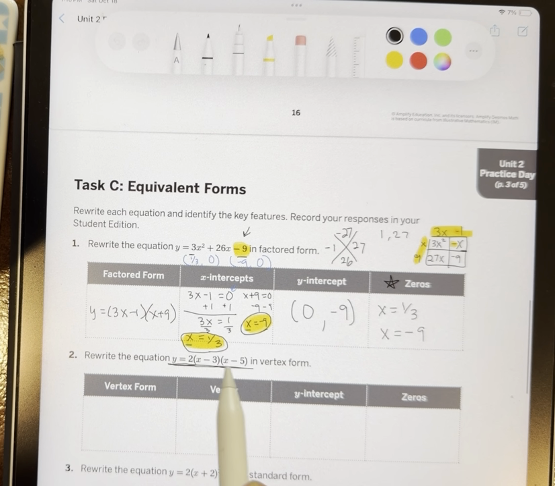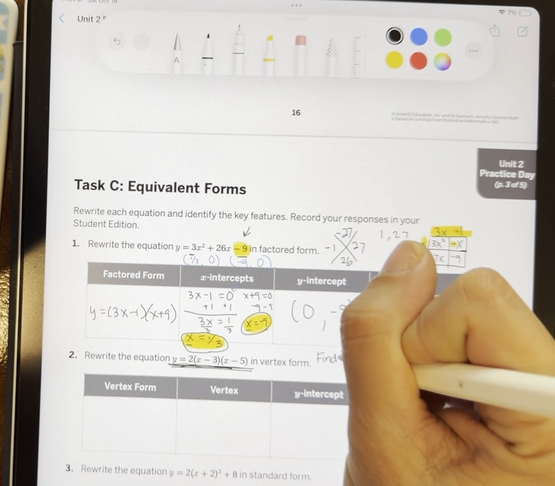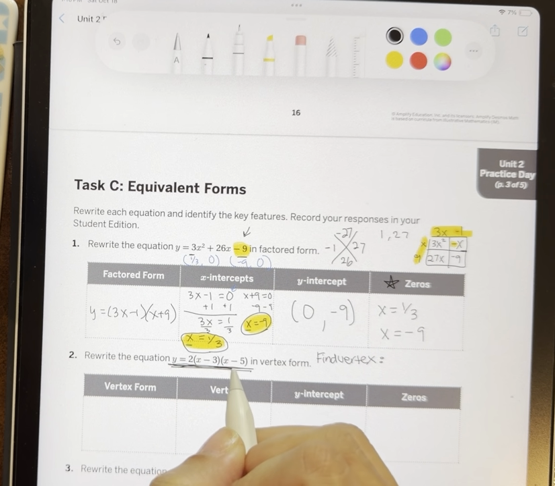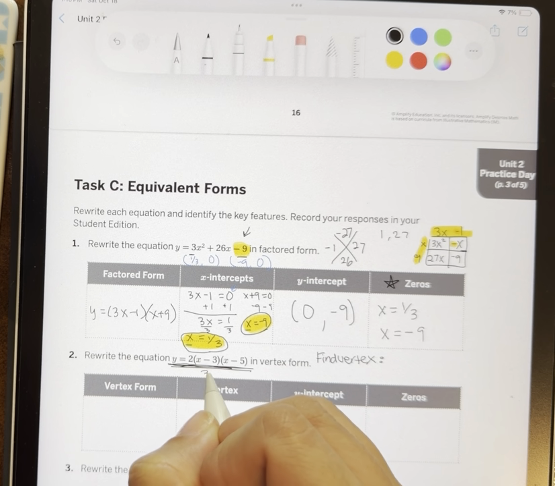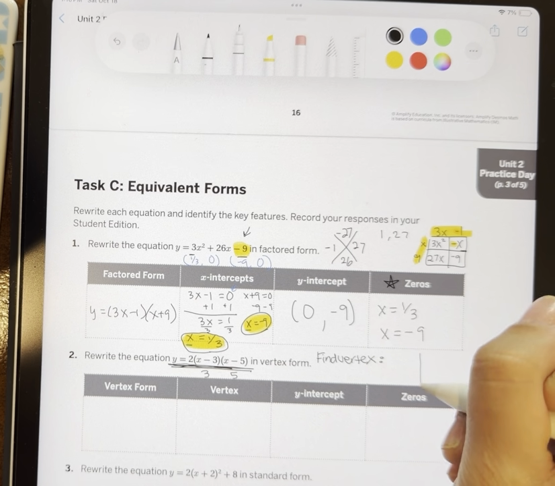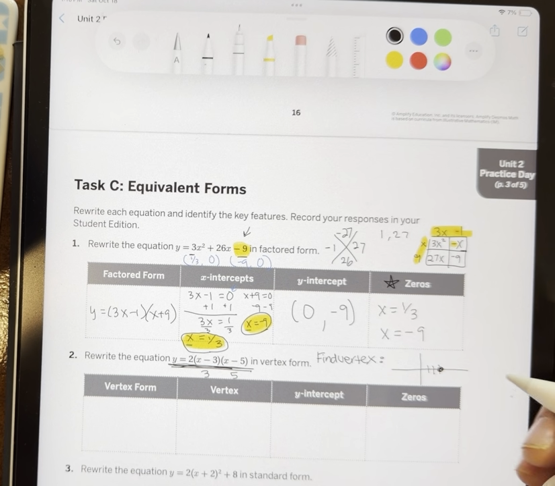Okay, rewrite this equation in vertex form. You guys, if it's in factored form, you can either multiply it out and then put it in vertex form by completing the square, or you can just find the vertex in this form. This equation right here tells me that at 3 and at 5, I have x-intercepts. 3, right here, there's an x-intercept.